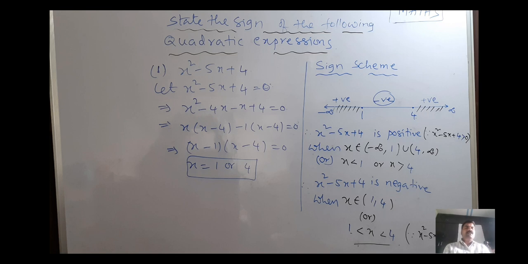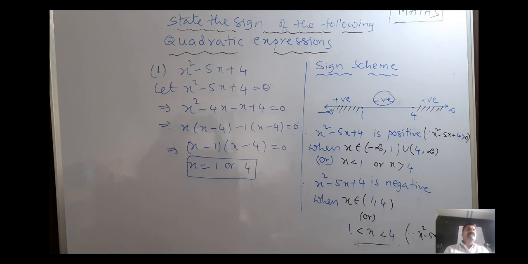Okay, now let us see the sign scheme, which helps us to know the sign of the given expression. It is nothing but taking the help of the real number line, which goes from minus infinity to plus infinity, with the roots 1 comma 4. What is the smallest one? 1. So write 1 first and then the next number, that is 4.